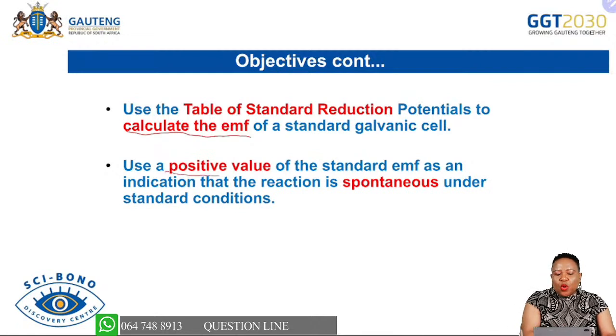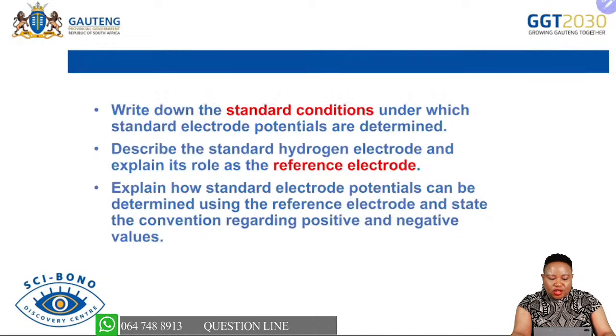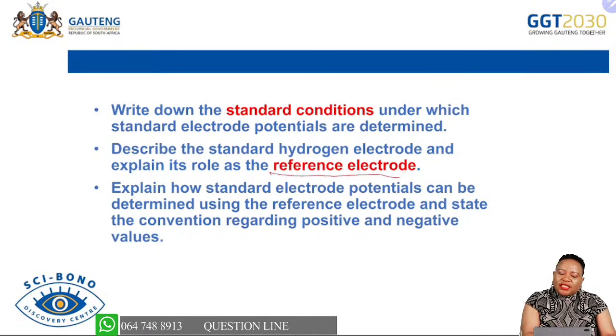And then we know that a positive value, as we are going to calculate EMF, will tell us that the reaction is spontaneous under standard conditions. And we are going to refer to those standard conditions. Know which standard conditions we refer to that will allow this cell to operate normally, and describe our reference electrode as our hydrogen electrode, and explain why this electrode is referred to as the reference electrode.